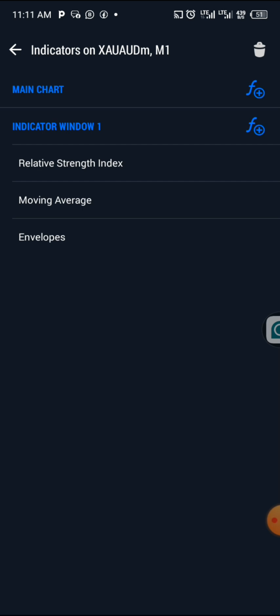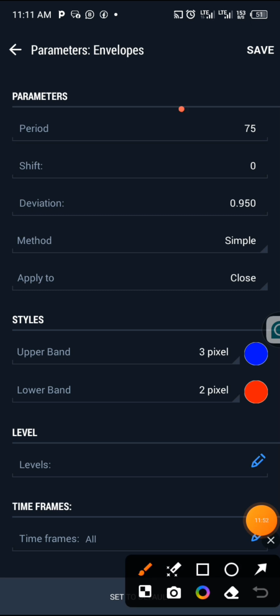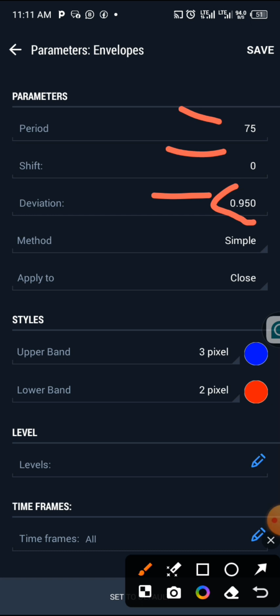Once you find the envelope in your chart, you click on it. Your period in the envelope is going to be 75. Shift is going to be 0. Deviation is 0.95. Make sure your deviation is 0.950 because the default deviation is 0.000. Your method is simple, apply to close.